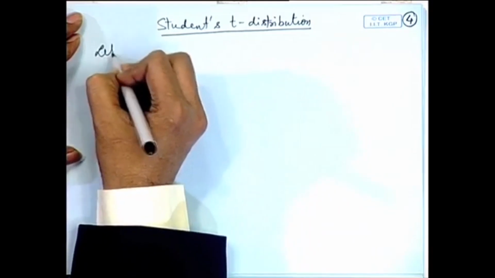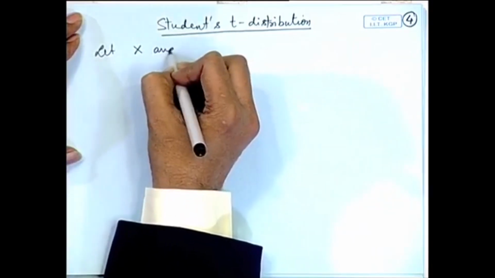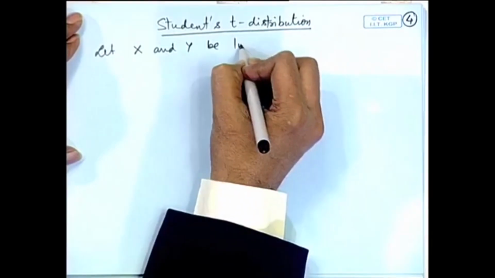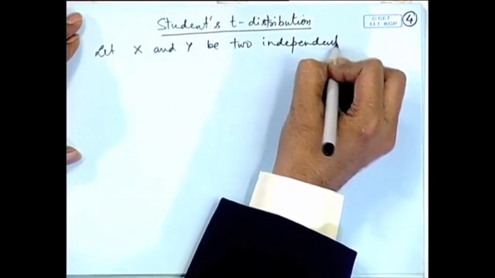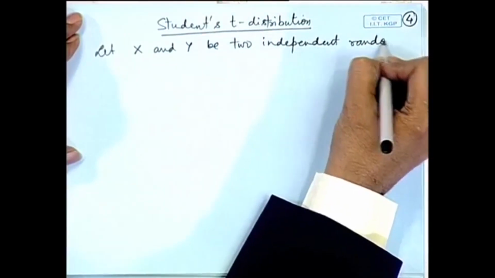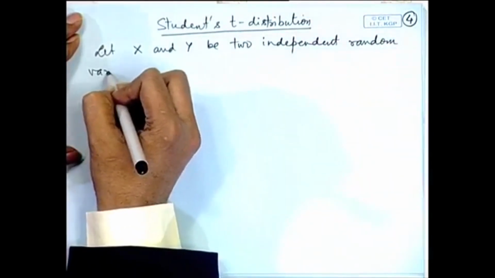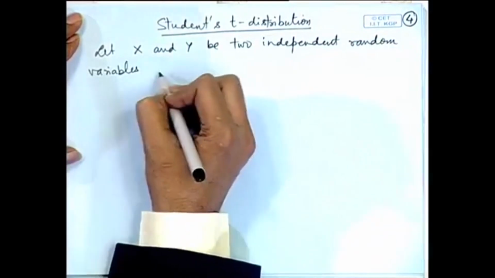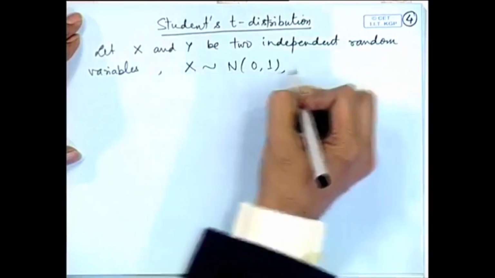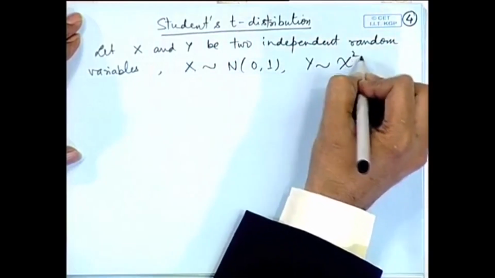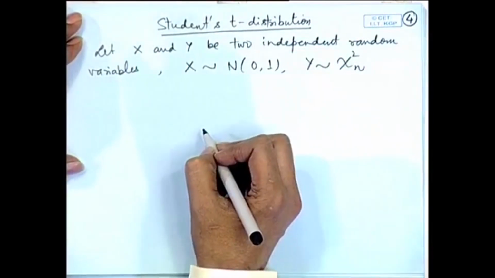So, let X and Y be two independent random variables. Let us assume that X follows normal 0, 1 distribution and Y follows a chi square distribution on n degrees of freedom.